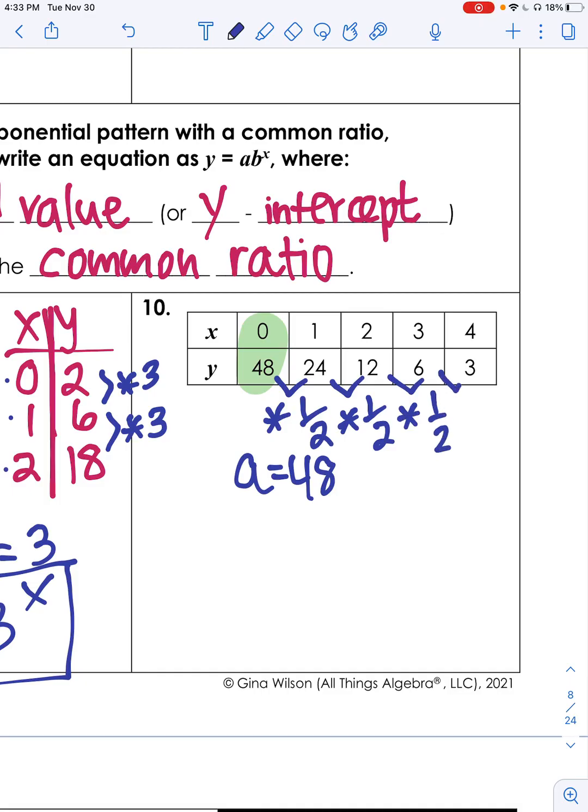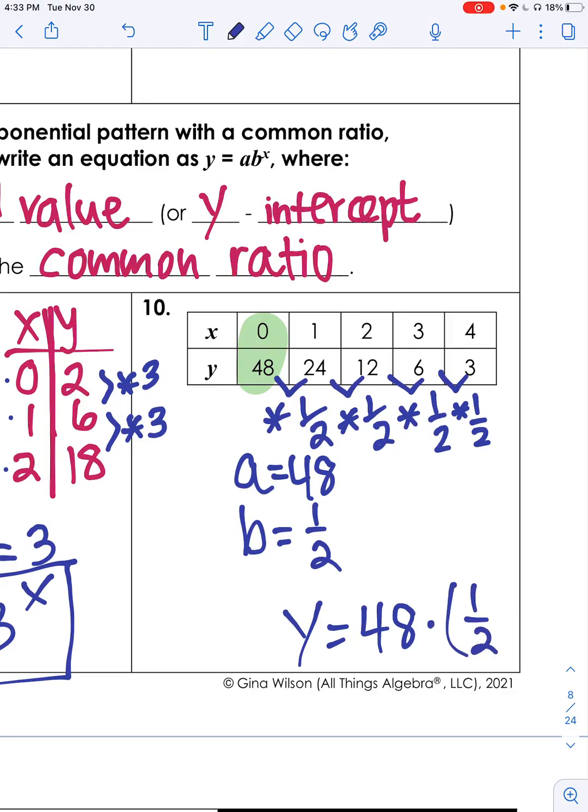Okay, and then 6 times 1/2 is 3. Okay, so b is 1/2. All right, so standard form will give us 48 times 1/2 to the x power. Okay, so that is standard form for number 10.